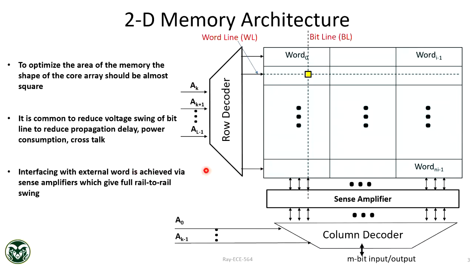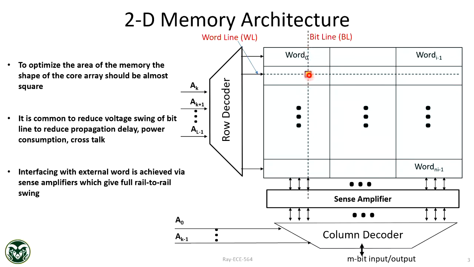Right, so this is where we stopped in the last class. We talked about 2D architecture, where you have certain address lines selecting the row. Memory is organized in a 2-dimensional block. You can think of it like this. In some cases it is called sectors, in some cases it is called a block. Doesn't really matter.